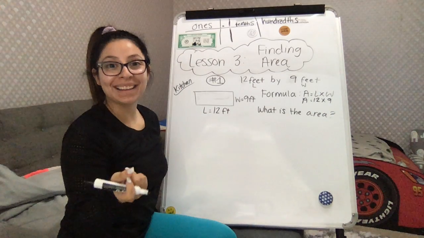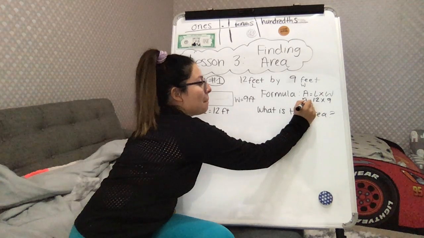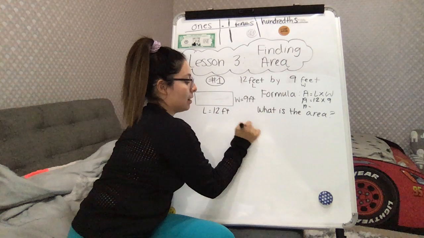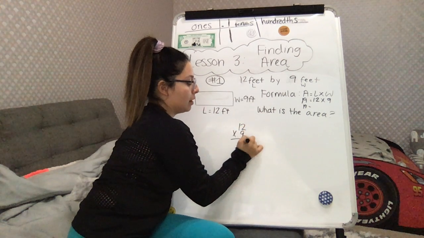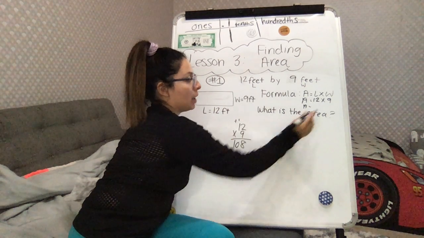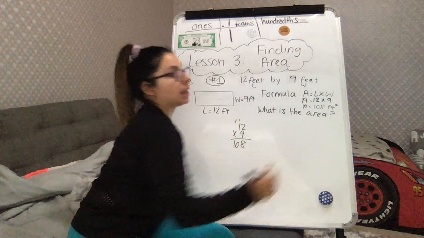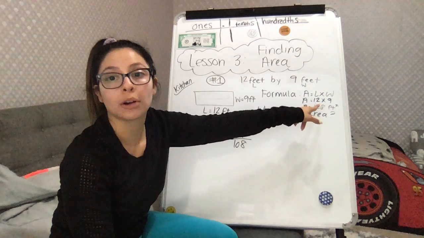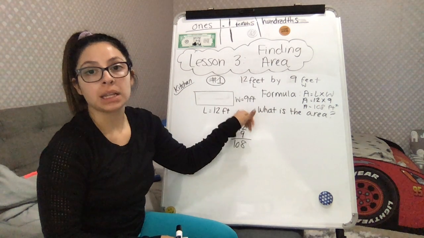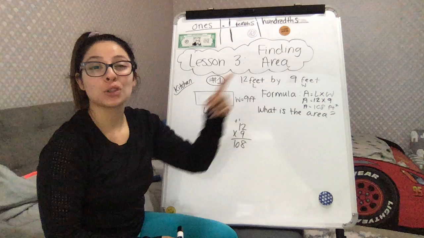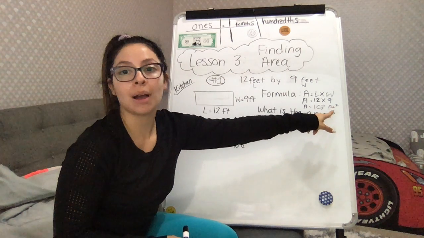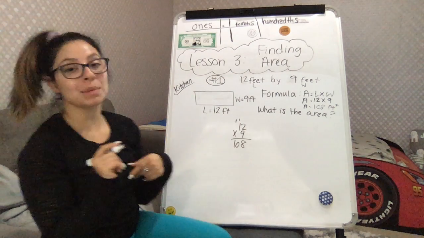Hopefully we got that, 12 times 9. If you need to put it vertically on top of each other, go for it. We got 108. And we are going to make sure we put feet squared, or squared feet, because feet times feet is feet squared. If you don't really get that one, wait until 5th grade. Shout out to Miss Cunningham.